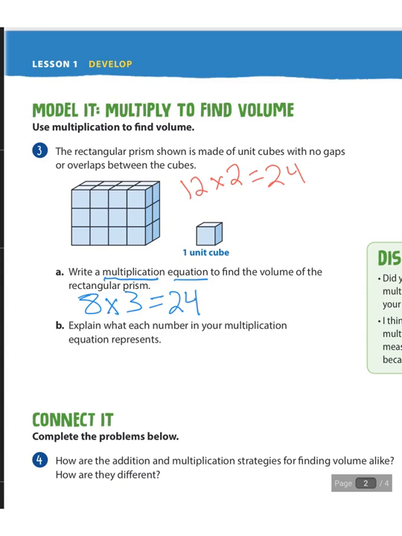Some other kids noticed that each little column here is 3, and they're right next to each other. So you could have 3, 1, 2, 3, 4, 5, 6, 7, 8 times. So you could have 3 times 8, very similar to what we already wrote down.